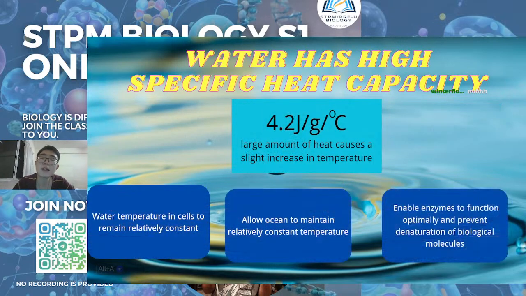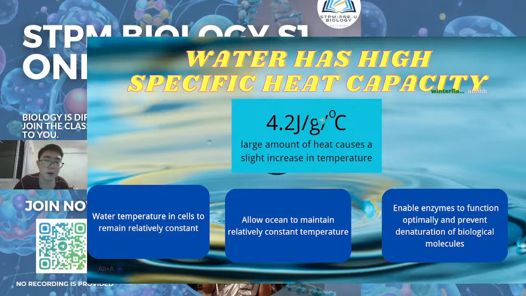Okay, next characteristic: water has a high specific heat capacity compared to other molecules. Water has a heat capacity of 4.2 joules per gram per degree Celsius. This is the specific heat capacity of water.